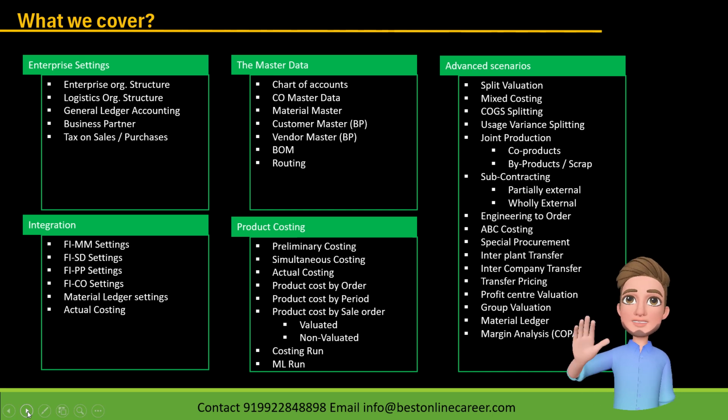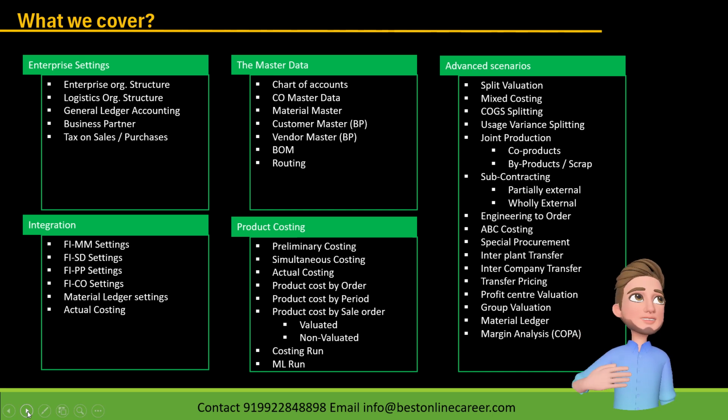We also have a big list of advanced scenarios, whether you need to make or buy a particular product, or how much proportion of raw materials you should buy from different vendors or at different prices, whether you should import your raw material or make use of domestic raw material, and in what proportion will give you the best yield.